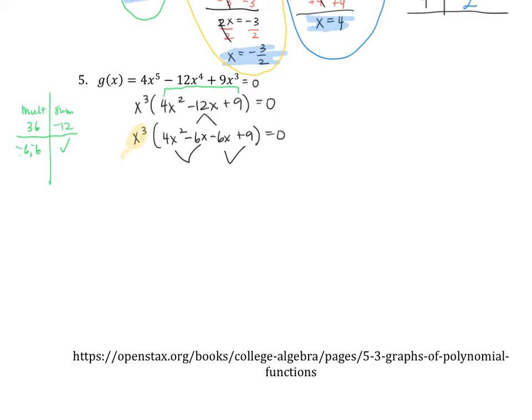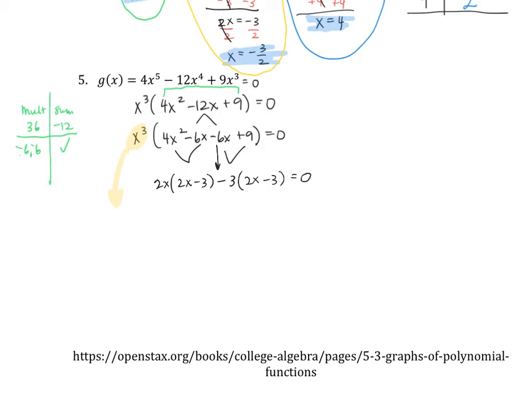For now, I'm going to leave it off and just focus on what's in parentheses. So what's in common with the first pair is 2x. When I factor that out, I have 2x minus 3 left. Bring down the negative. Now what's in common is the 3. If I factor out a negative 3, I will get a positive 2x minus 3.